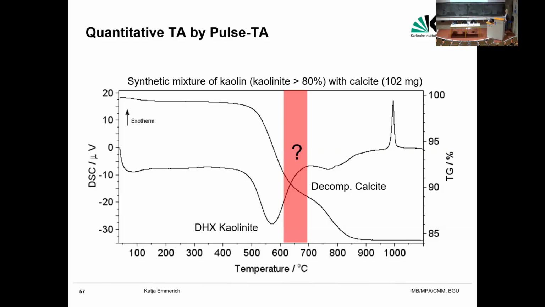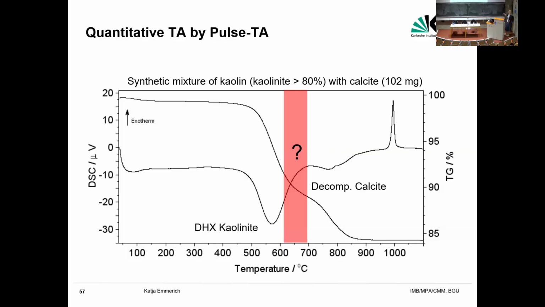This is a mixture of, again, the kaolin with a high kaolinite content and calcite. Here you see the DSC curve. And you might think, okay, the dehydroxylation of the kaolinite and the decomposition of the calcite are well separated, and you might use the TG curve for quantitative analysis or for estimation of the content of both minerals.